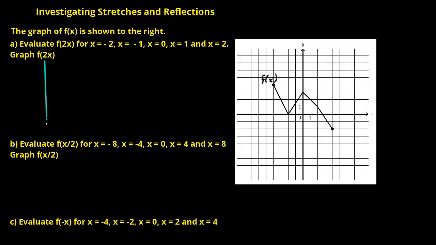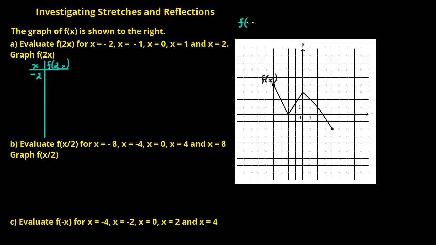So the first thing, in order to graph f of 2x, let's create a table of values here. And let's do what the question says, and evaluate f of 2x for each of these x values. When x is equal to negative 2, what is the value of f of 2x?